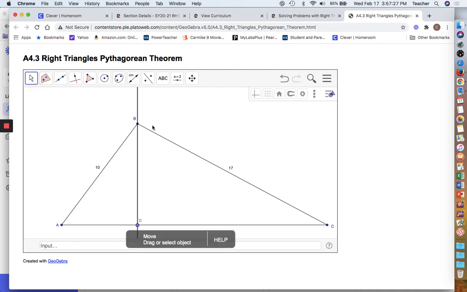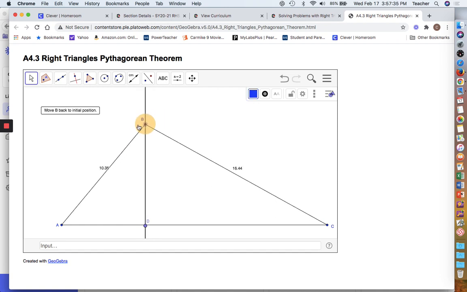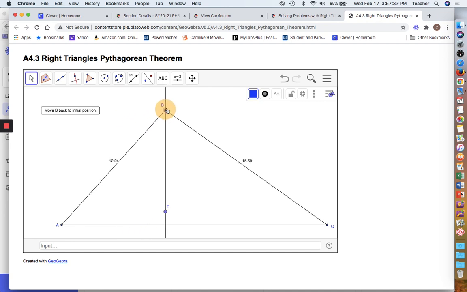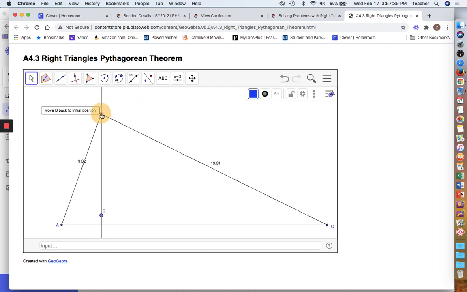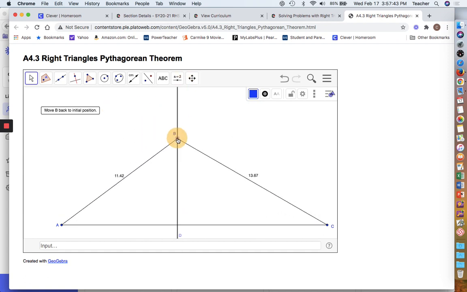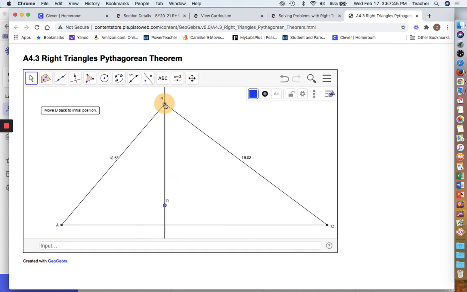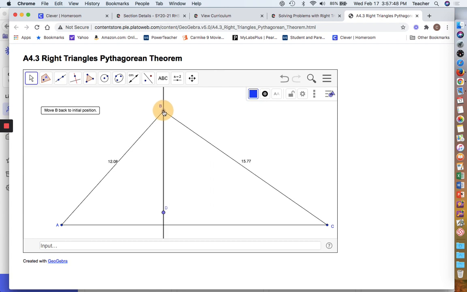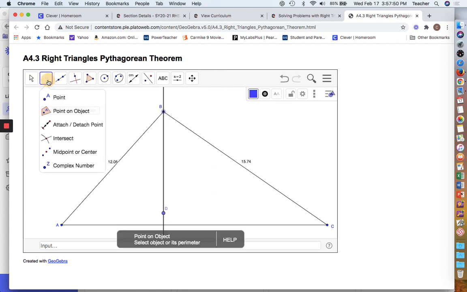I don't know if that worked. Nope. Because all it does is come off of it. Doesn't keep it 90. I need a point to attach, detach point.